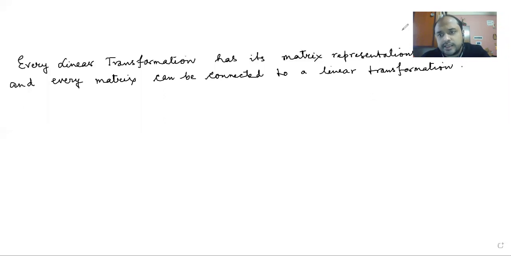But my question is, suppose you have a linear transformation T from the vector space V to the vector space W. How many matrix representations will T have?